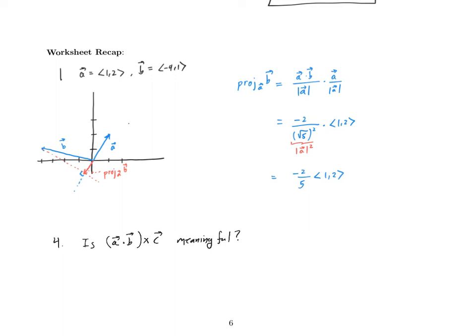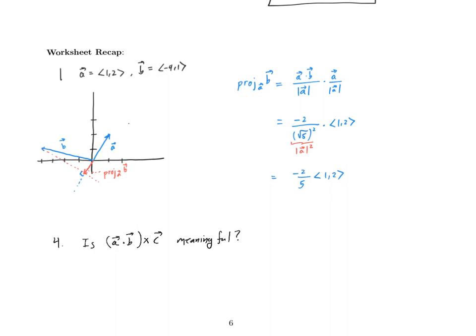Which may seem like a strange question at first, but something that's going to be really important for us this semester is just really keeping track of the type of quantity we are working with. Is it a vector? Is it a scalar? Is it a function of one variable, a function of two variables? What types of things can we multiply together, etc.